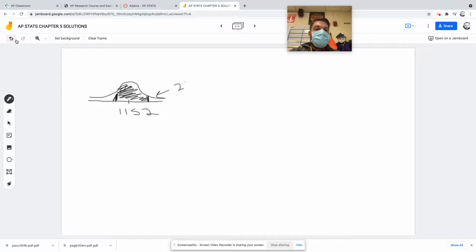Because it has to add up to 100, or add up to 1. So this is 0.4000. This has to add up to 0.2000, and this has to add up to 0.2000. And really, I'm converting it to a decimal, but it's 20% plus 40% plus 20%. So that's 100%.